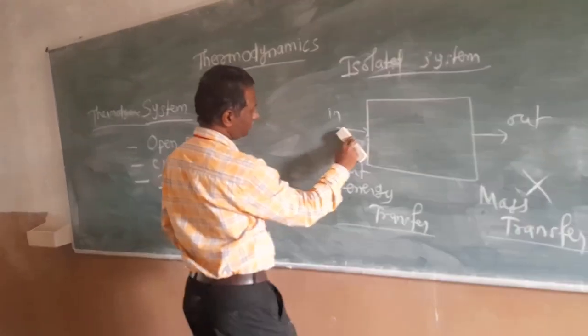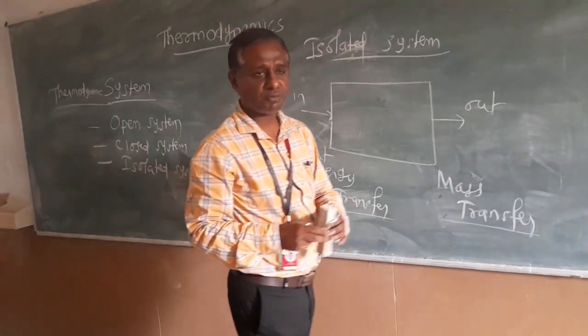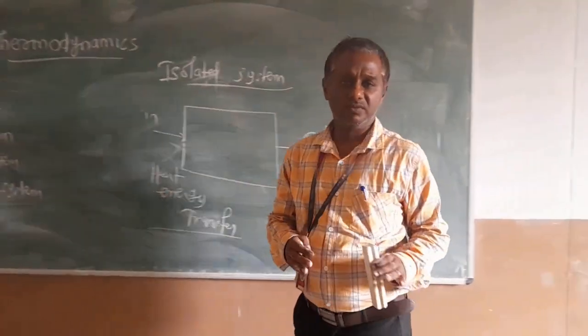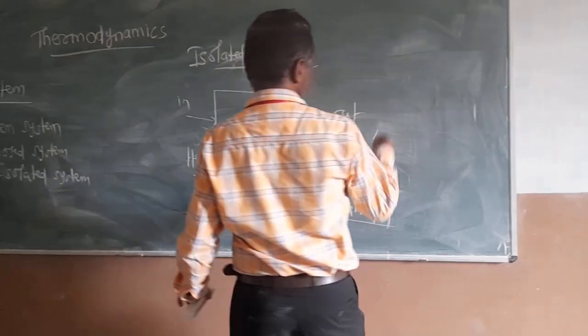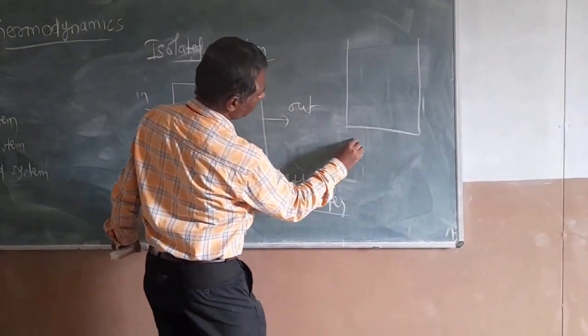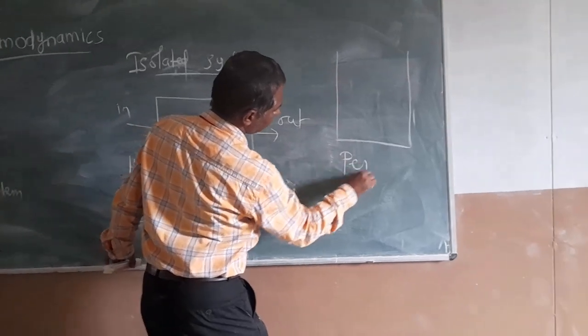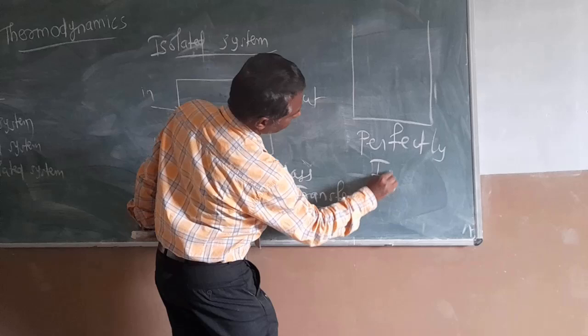Isolated system. Isolated means we have to put something alone. We can say an isolated system is like a perfectly thermally insulated flask, a thermal flask.